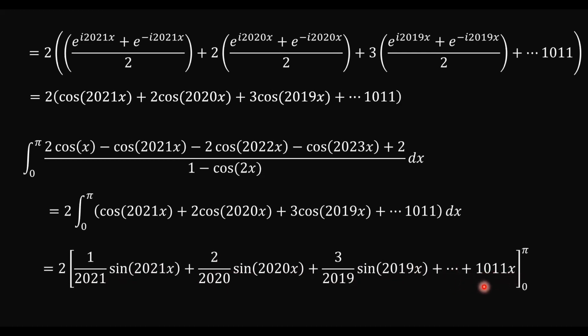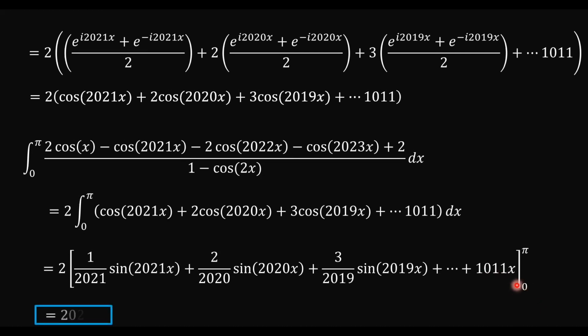1011x. Now, our limit is 0 to pi, and as you can see, any integer multiple of pi, and the sine of that number is just 0. So both the lower and upper limits result into 0 for these sine terms, leaving us with a constant term, which is now twice 1011 pi minus 0.